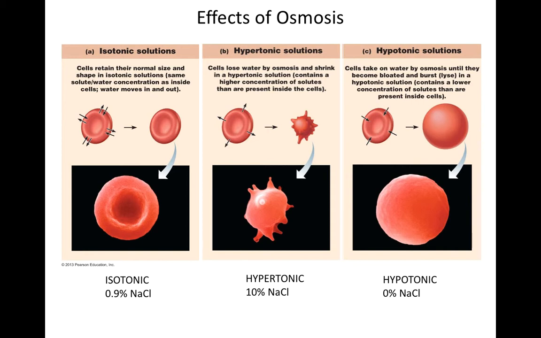There's a reason when you go get an IV that you get something called normal saline, and it's 0.9% sodium chloride, because that's what's isotonic to your cells. We don't give you a distilled water IV because that's going to have a devastating effect on your cells.